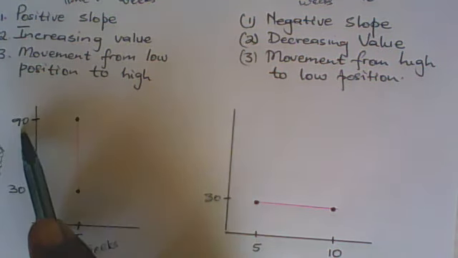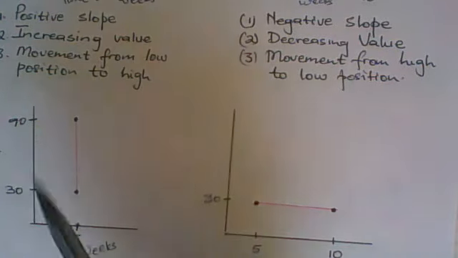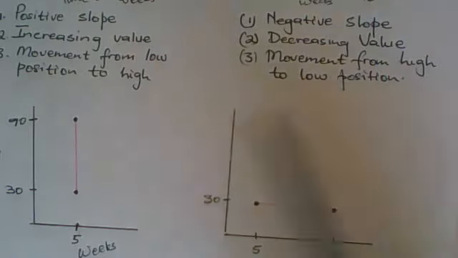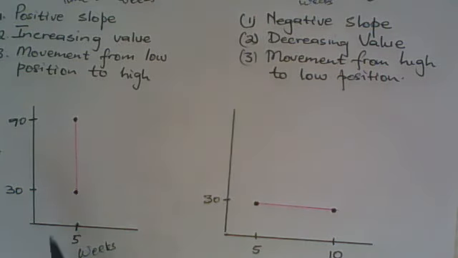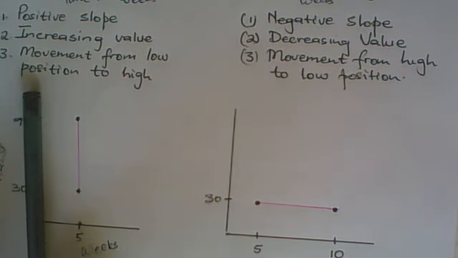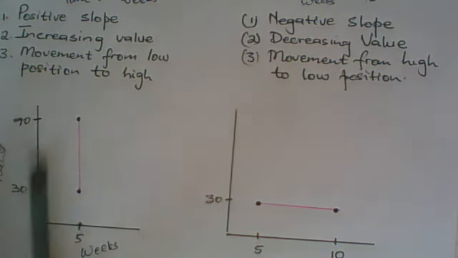That is the increase in rands. In this case, we have a slope, but it is not like the first two. This one is called a vertical slope. Why vertical? Because it runs parallel to the y-axis.